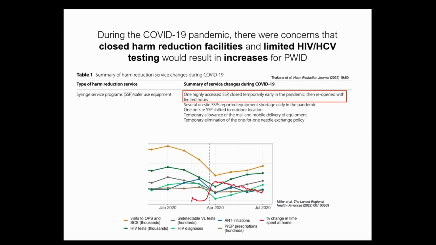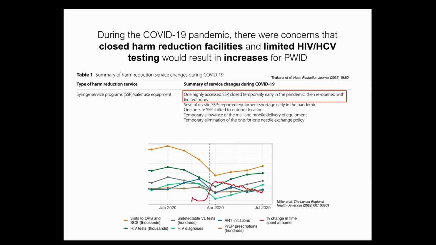And so we worked on a study looking at the impact of COVID-19 on this population and on the risk of these infections. At the beginning of the pandemic, there was a lot of concern because a lot of health and care facilities were closing or had to divert their resources.